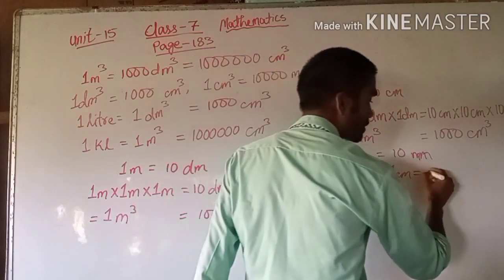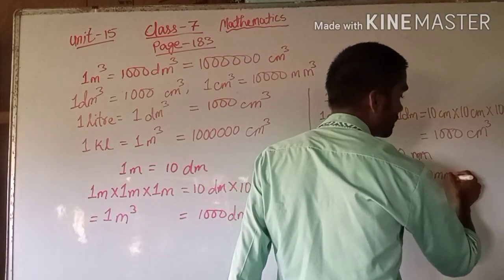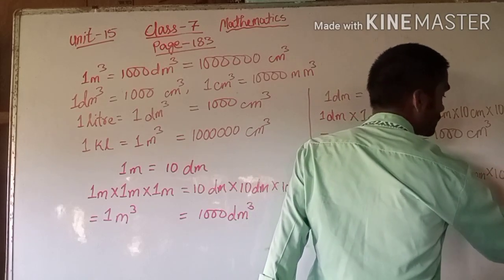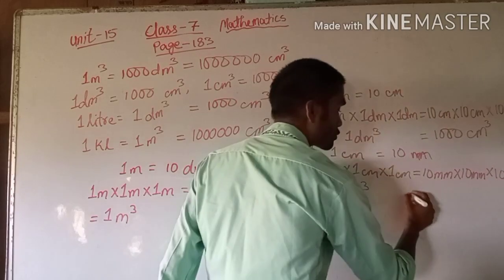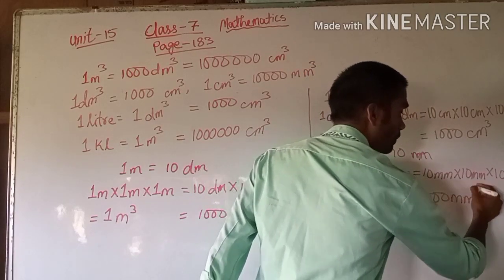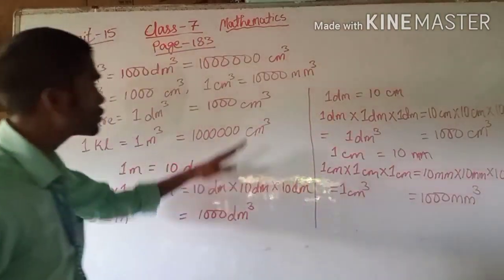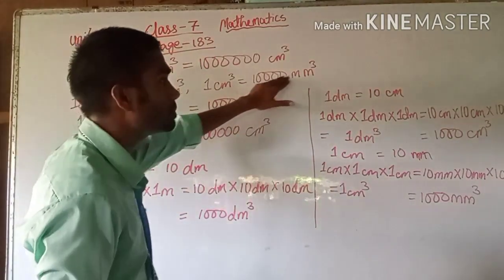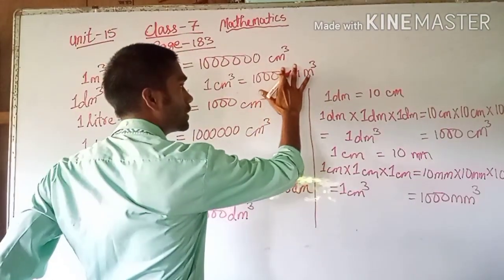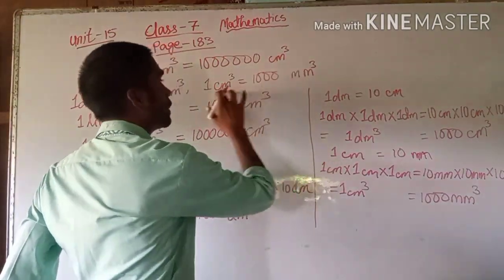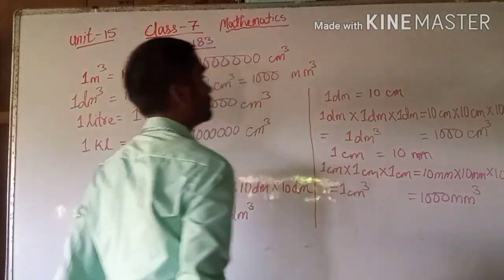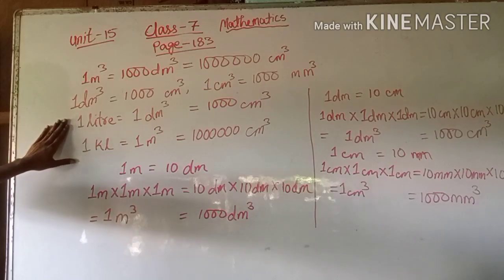In the same way, if we multiply 10 millimeter into 10 millimeter into 10 millimeter, then we are going to get 1000 millimeter cube. So here also you can see that it is given 10,000 millimeter cube. There also you need to correct that. You will have to remove one 0 from here. That is, 1 centimeter cube is equal to 1000 millimeter cube. And the others are correct.